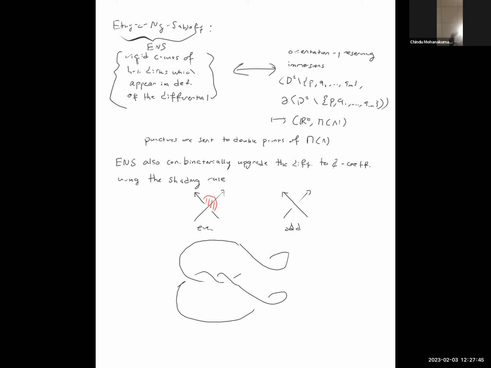So let's see what I mean in an example. So I have this. For instance, if I wanted to look at the holomorphic disks here, I can see a holomorphic disk here.